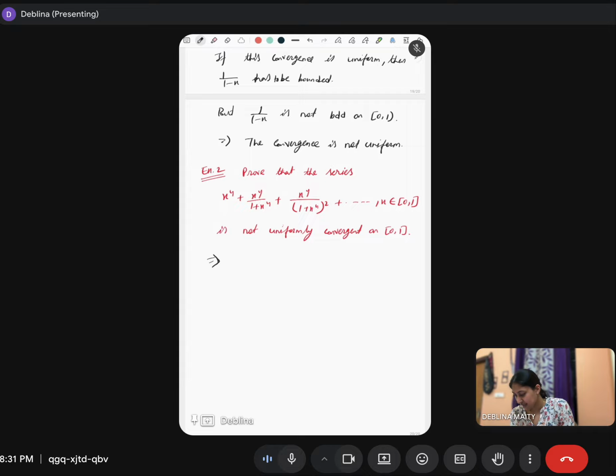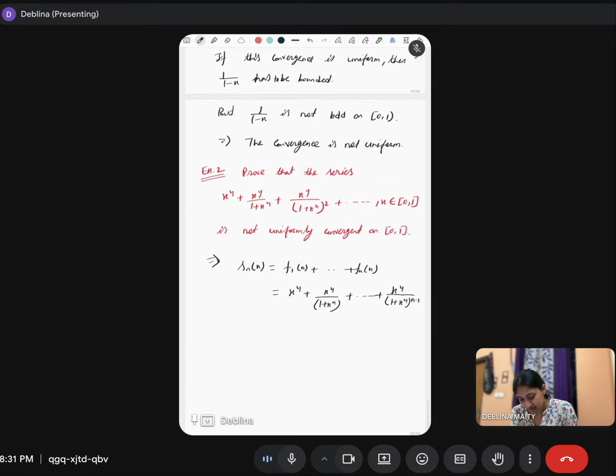So first we will see the nth partial sum. So the nth partial sum is what? f_1(x) plus up to f_n(x). So the first one is x to the power 4, and the nth term will be x to the power 4 by (1 plus x to the power 4) whole to the power n minus 1. Right?